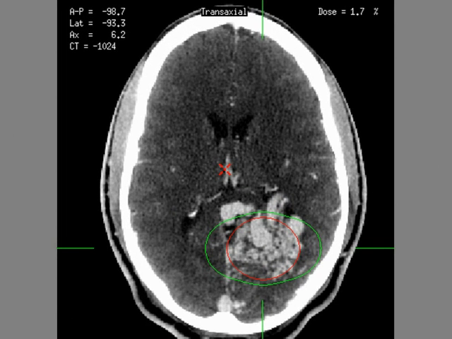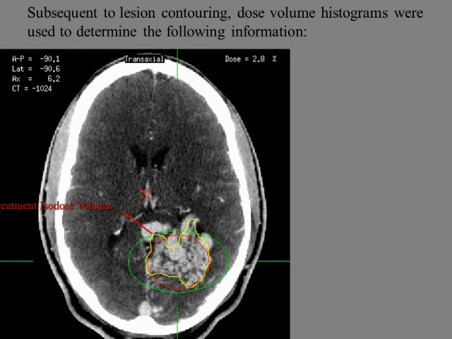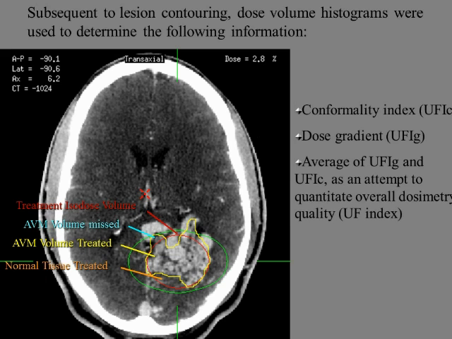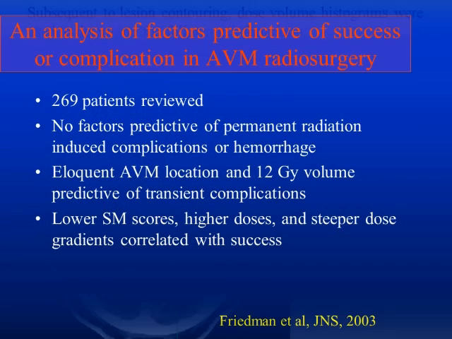Then we superimpose the treatment plan on that at that level and half the treatment dose. What we wind up with is the treatment isodose volume, the AVM volume that's missed, the AVM volume that's treated, and normal tissue that's treated. We can analyze mathematically the quality of that treatment using a mathematical measure of conformality and a mathematical measure of dose gradient to come up with a score that we call the UF index.